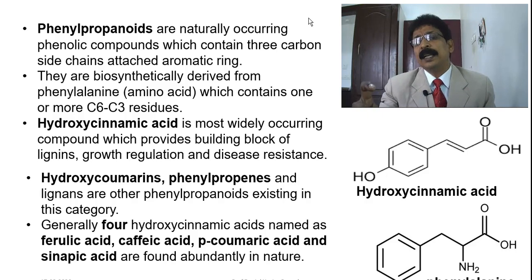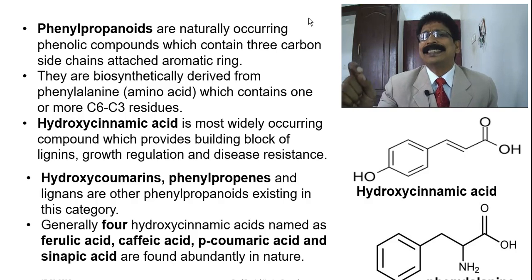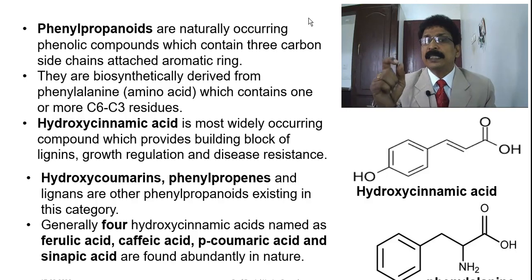Cinnamic acid is benzene with CH double bond CH, C double bond O, OH, that means COOH. That is cinnamic acid. That means normally benzoic acid with one in between, that is CH double bond CH. If it is there, then it is cinnamic acid. So basically you might have studied the cinnamic acid structure in your chemistry.